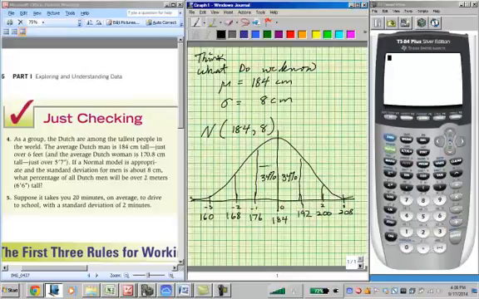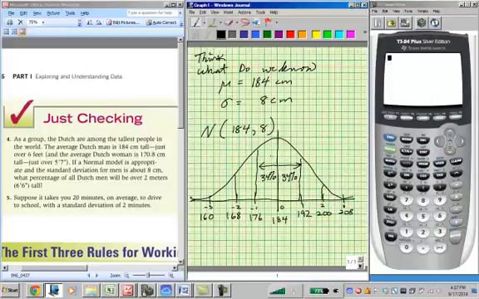Which means that 68% of the Dutch men are between 176 and 192 centimeters tall, or between -1 and +1 standard deviations from the mean.